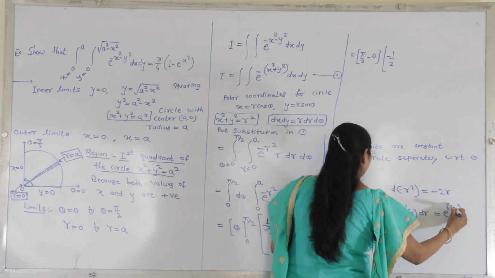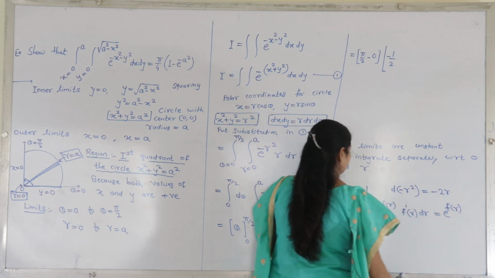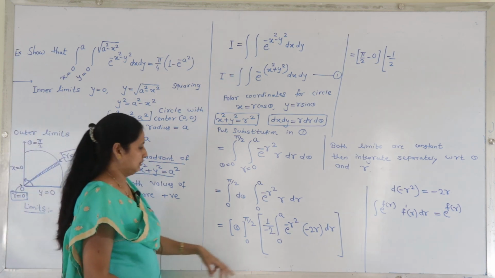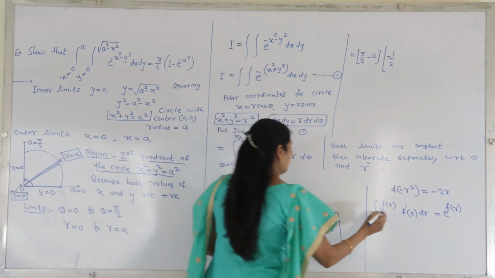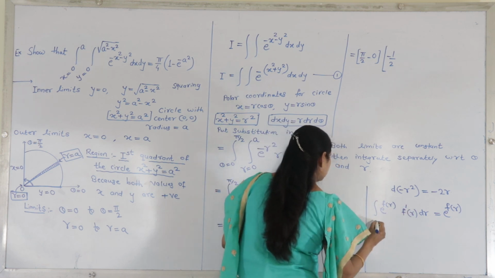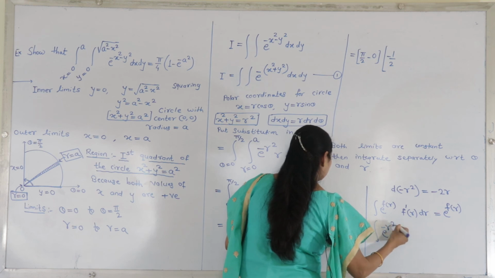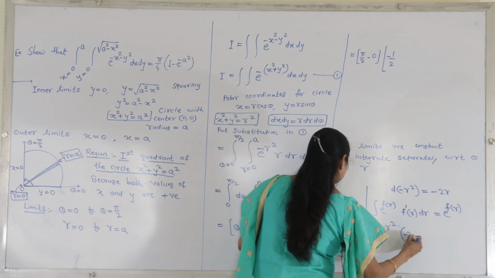You can use this formula in another variable also, like f of x, f of y. Here the term is in r, therefore we can write e raised to f r, f dash r dr, where f of r is minus r square and its derivative is minus 2r and dr.